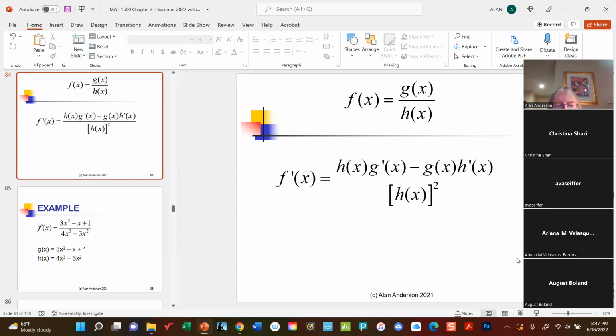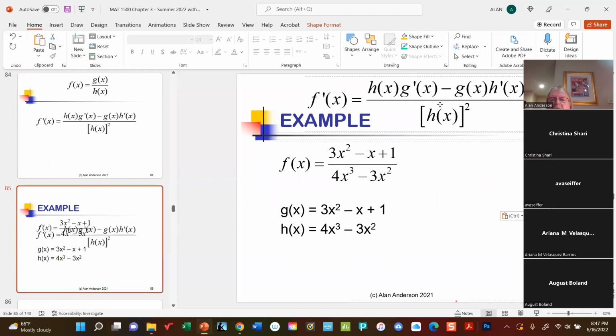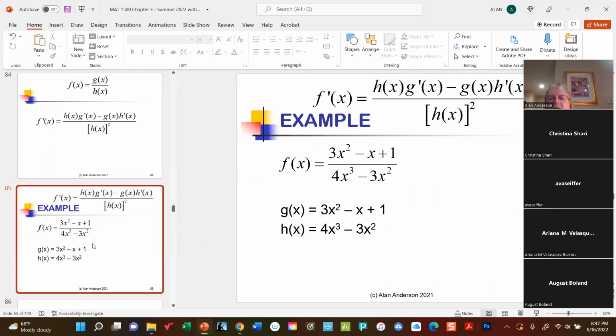All right. So what we're going to do is, of course, have an example. So let me copy this definition to the next slide. Here we go. Fits right there. So this is our function. These are the two individual functions. So let's start by calculating with the power rule these derivatives.